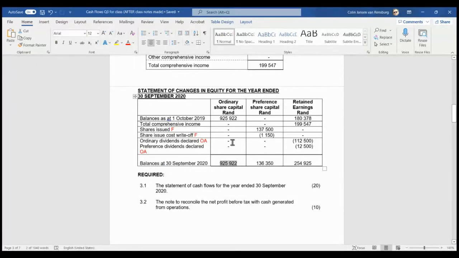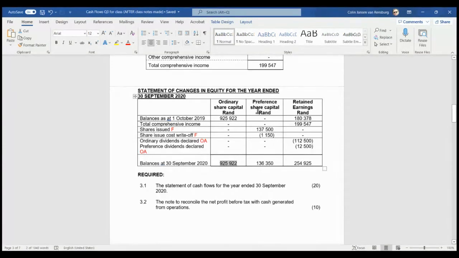If there had been any buybacks of ordinary shares, it would have been a reconciling item somewhere in that column. But there is none, ladies and gentlemen. So it simply means that there were no issues of fresh shares during this year, and there were no buybacks of ordinary shares either. No movements. Okay, tick the box.